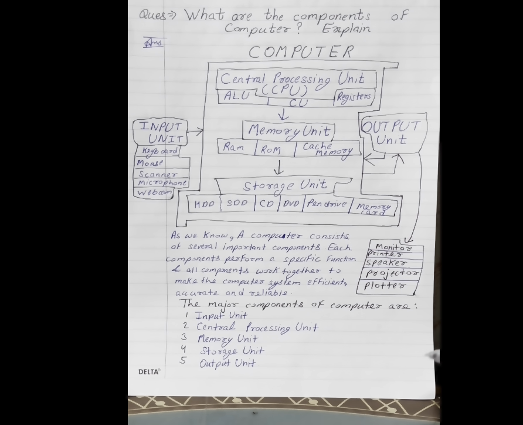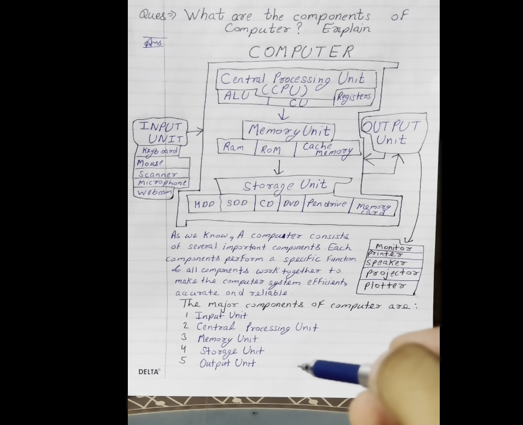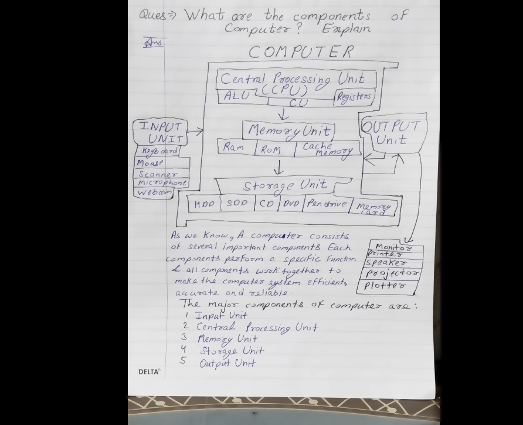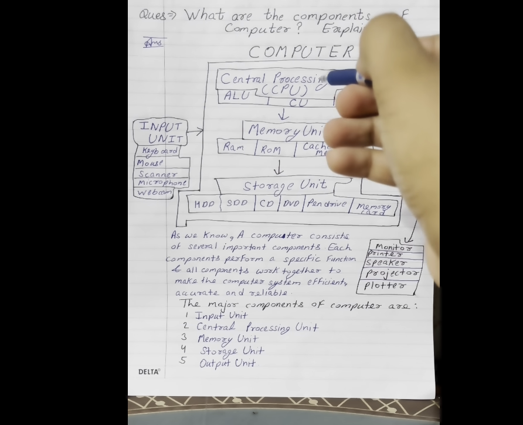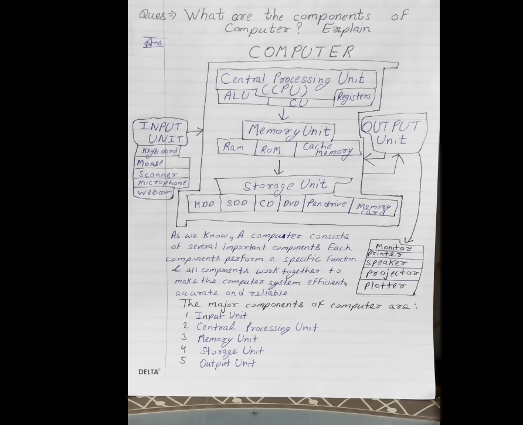And this is the diagram of components of computer that you can see. There are several other diagrams on the internet regarding this topic. You can also check them, but I drew this one. So let's move to input unit and discuss that.